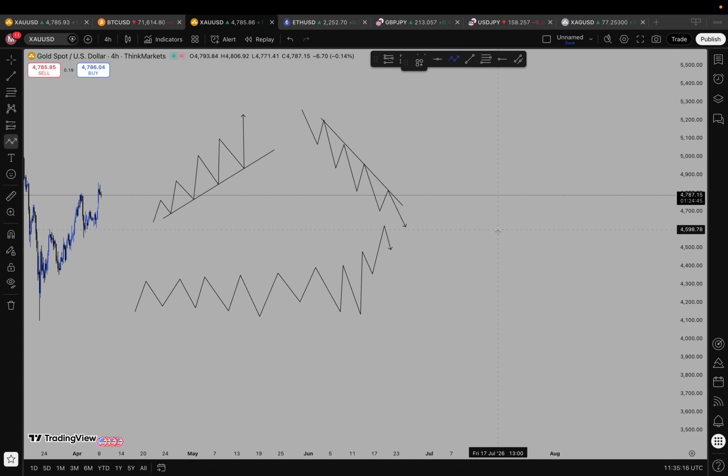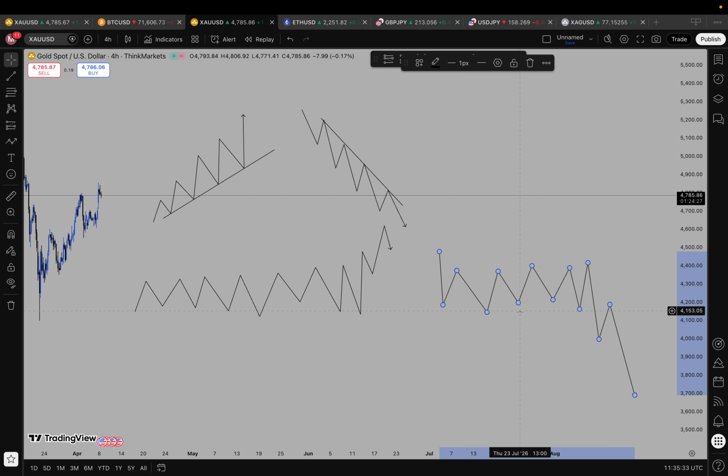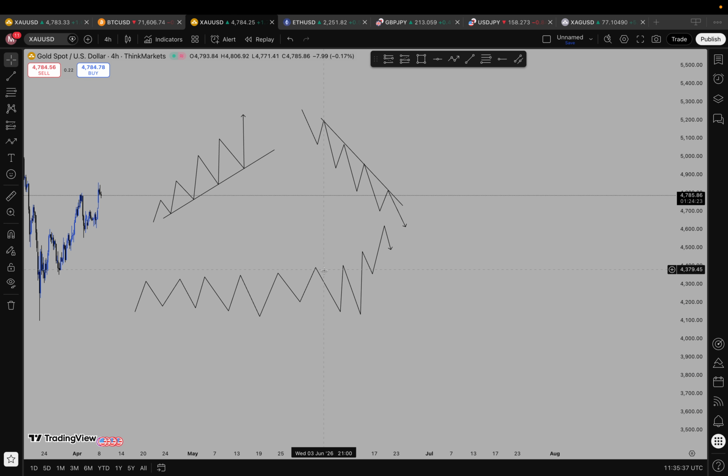Then you see another one, sorry, moving in a zone, something like this, in a zone, then break structure to the downside, retest, and continue moving down. Do you understand? So ranging markets, if you're in the market, depend on the direction you see the market at that time and what the market is doing.